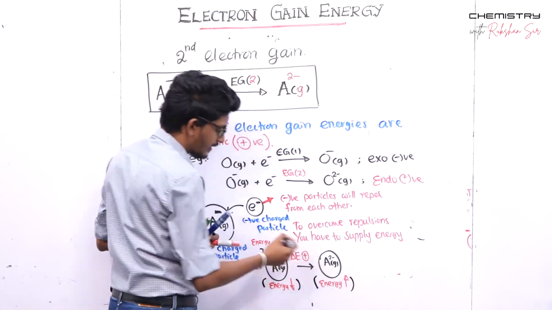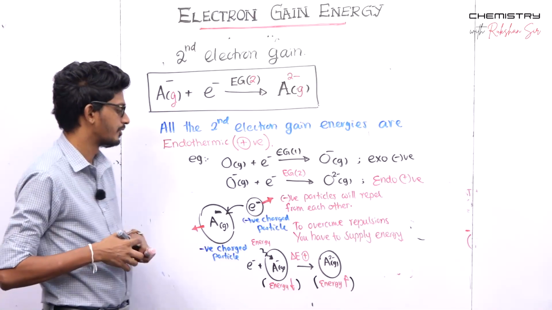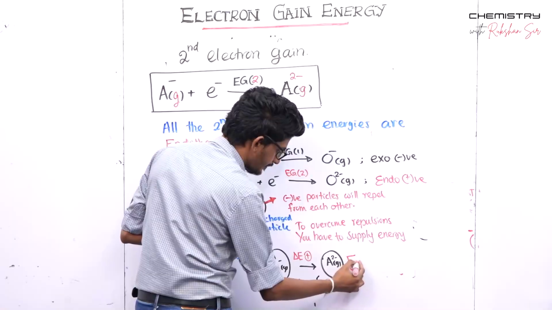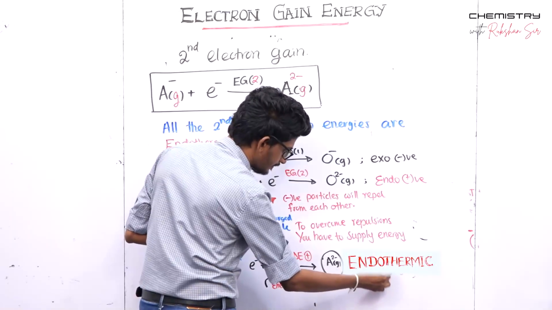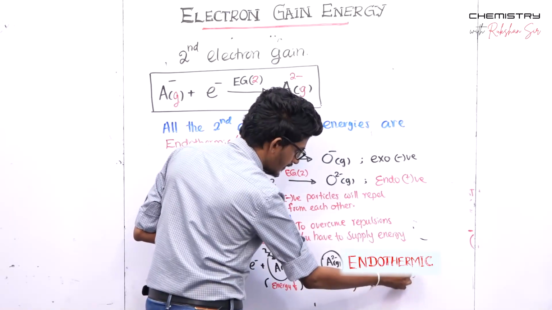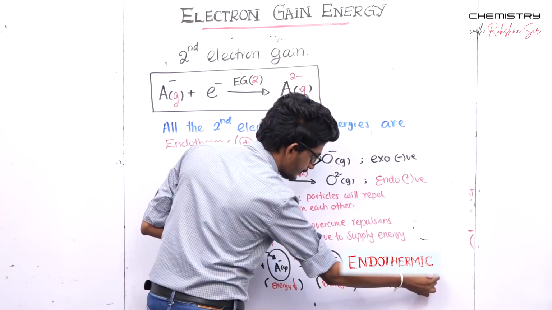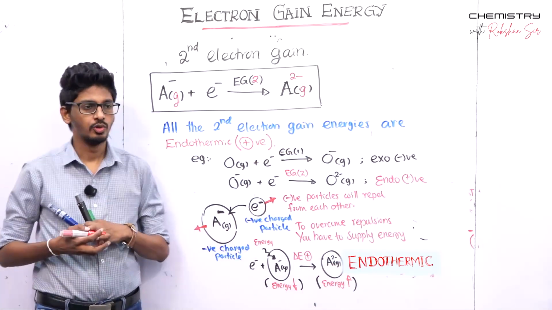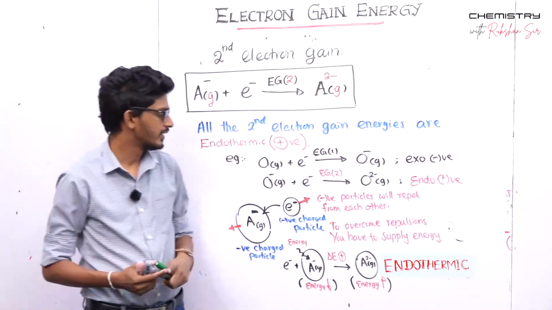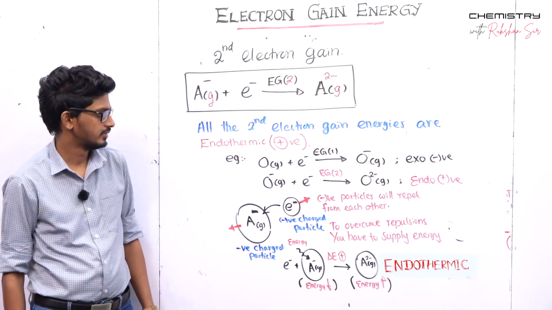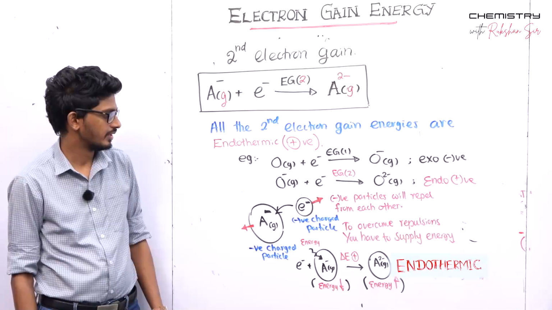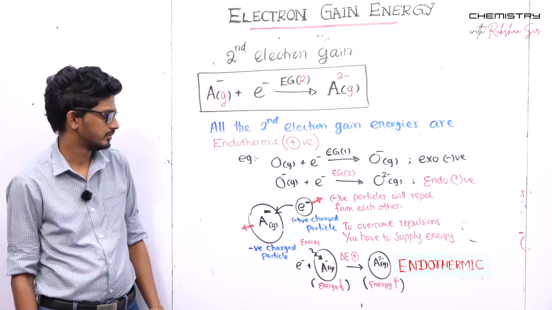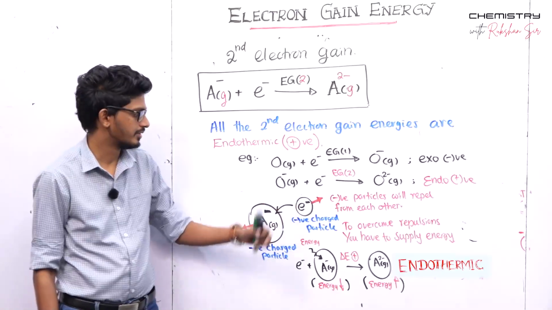That means the process is endothermic. Right? Okay. So all the second electron gains are endothermic. Second, third, fourth, all the second electron gains are endothermic because of these repulsions.